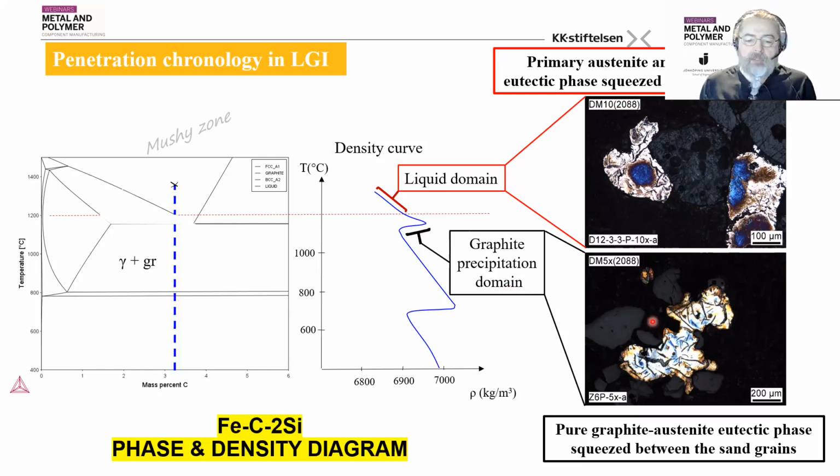And then the second one is a phase which can be formed only if the penetration happens late during the solidification, when the composition of the liquid has reached the eutectic composition.